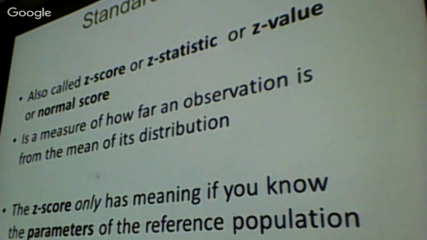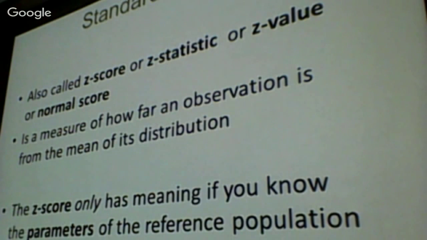So the z-score, or normal score, only has a meaning if you know the parameters of the reference population. A parameter, again, is a statistic computed for the large population. In this case, the parameter we care about is the mean of the reference population.